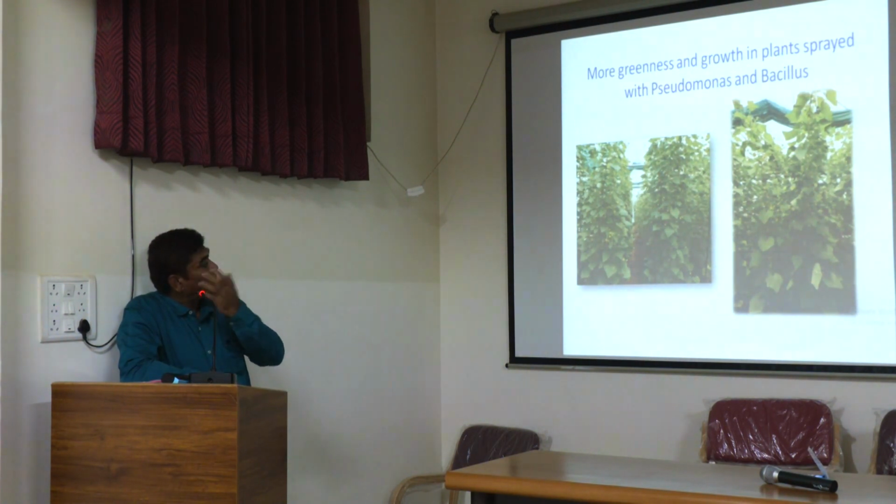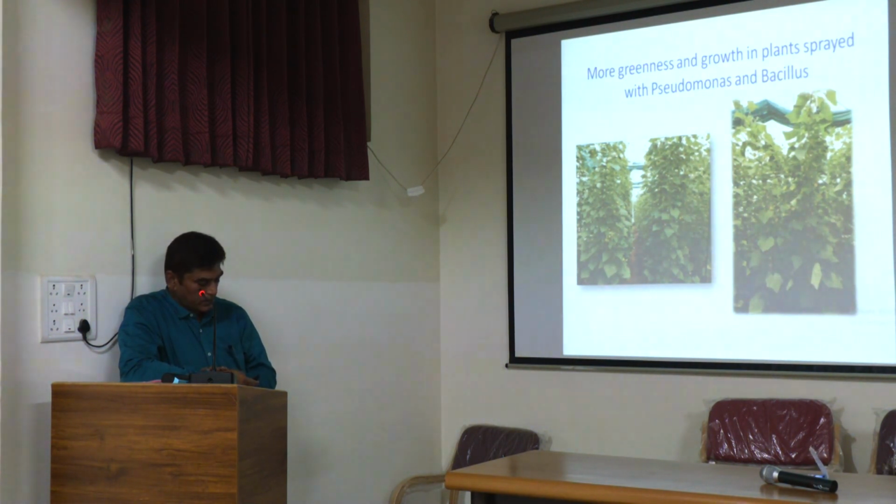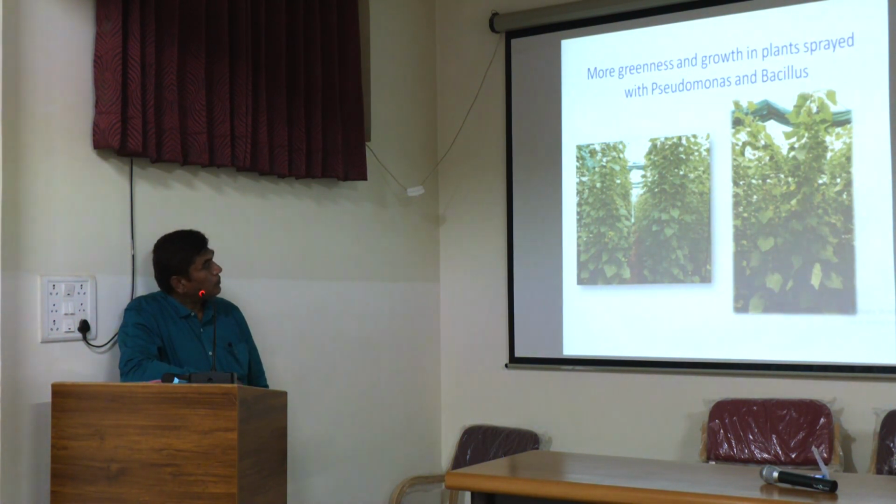Mainly due to PGPR, there is more greenness and growth in plants sprayed with Pseudomonas and Bacillus. In case of this crop, Mallikarjun, what is this? Beans.